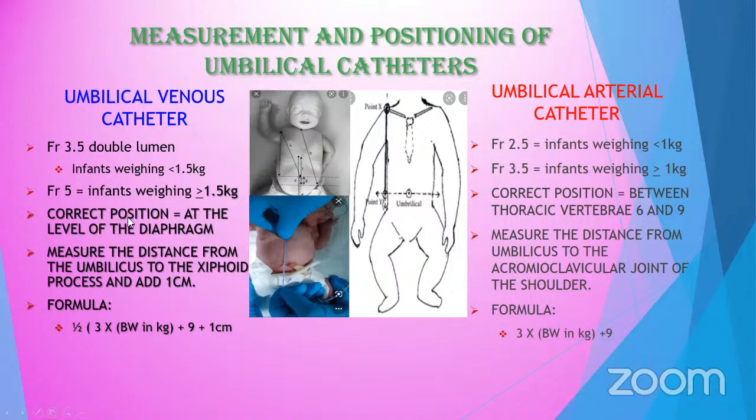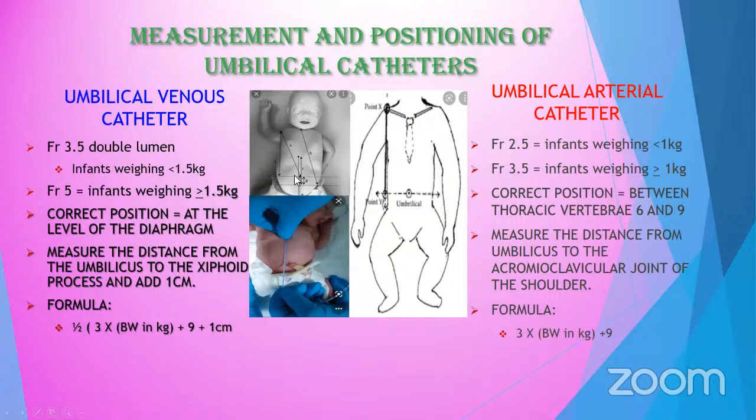Then the placement. For the UVC, the correct position is at the level of the diaphragm, and for the UAC, between thoracic vertebrae 6 and 9. For the UVC measurement, measure the distance from the umbilicus to the xiphoid process and add 1 cm, as you can see in the pictures.